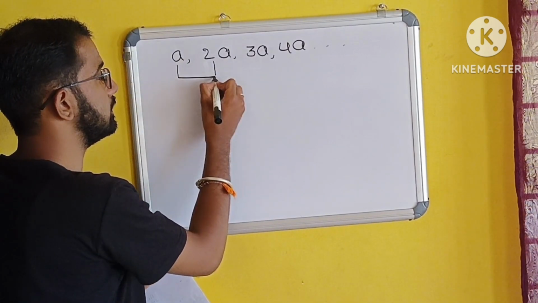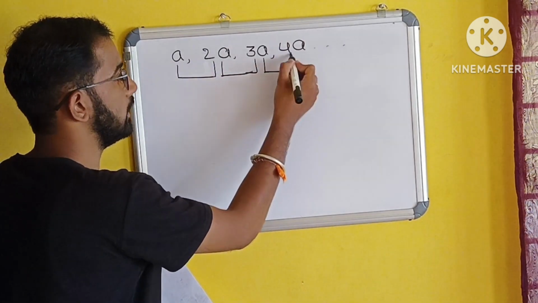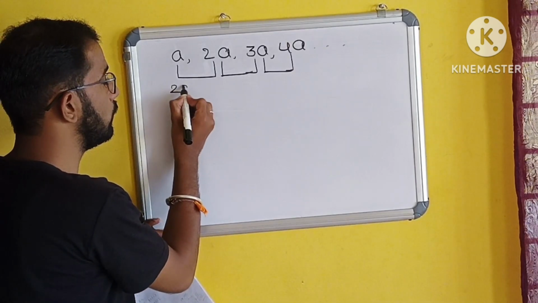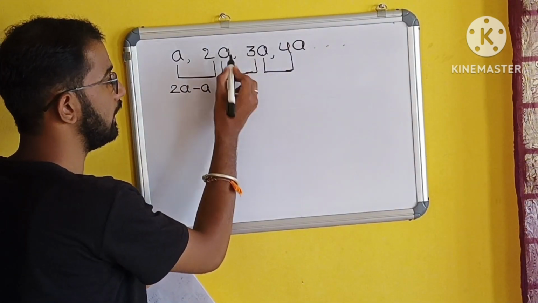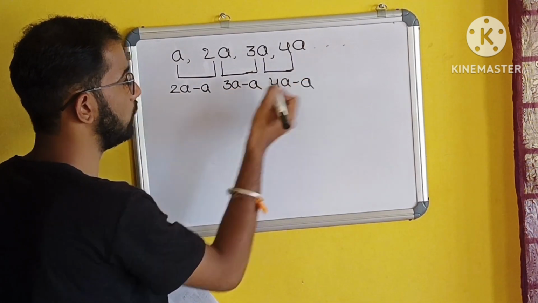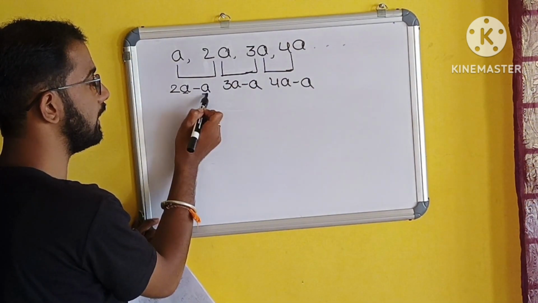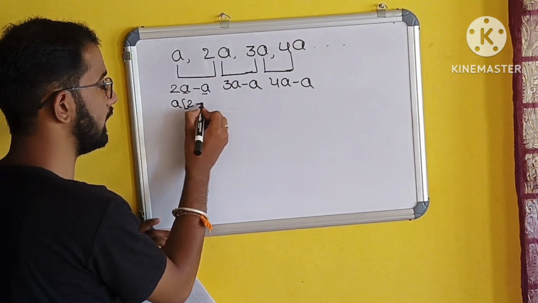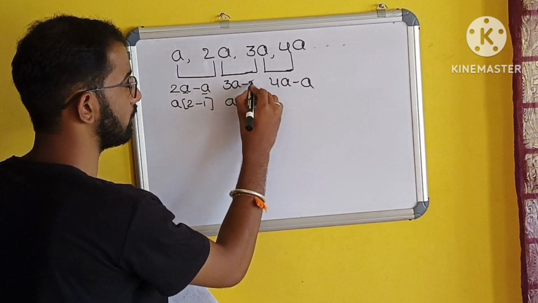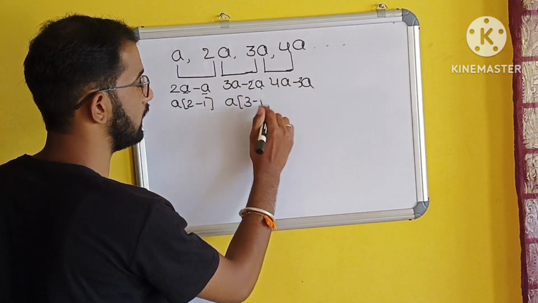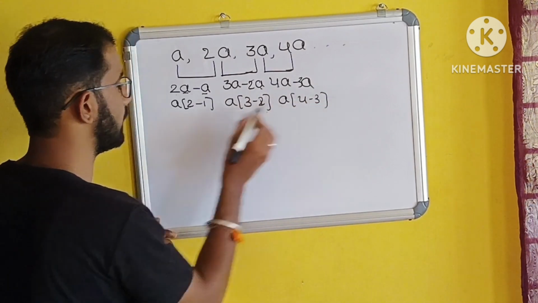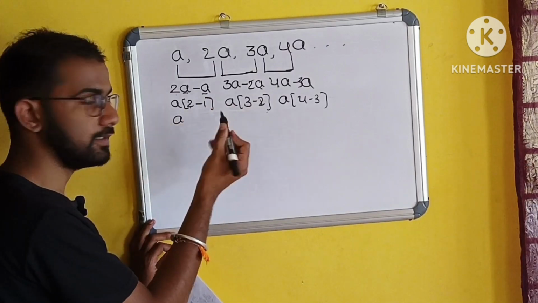If you take the difference between these consecutive numbers, we get 2A minus A, 3A minus 2A, 4A minus 3A. How can we calculate this? If you take A as common, we get 2 minus 1 times A, 3 minus 2 times A, 4 minus 3 times A. 2 minus 1 is 1, 3 minus 2 is 1, so we get A.